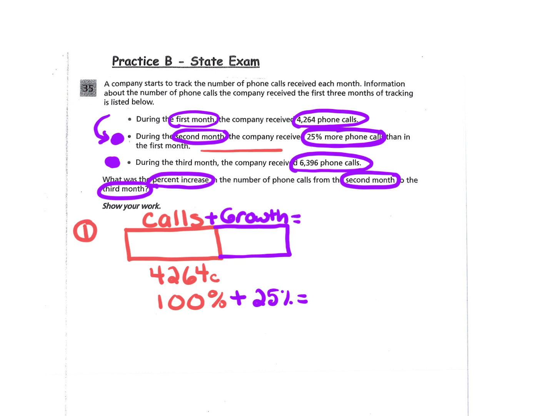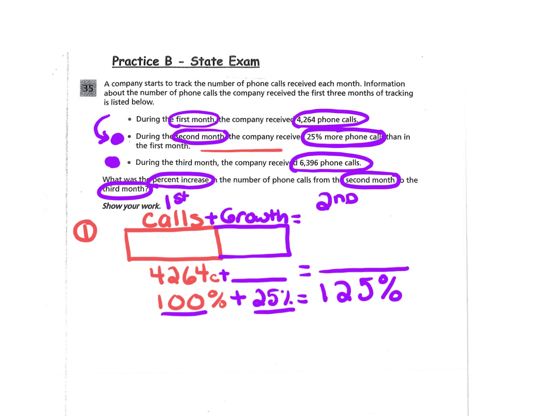So for the second month, 100% plus 25%, the second month must have been at 125%. We don't want to know the growth.